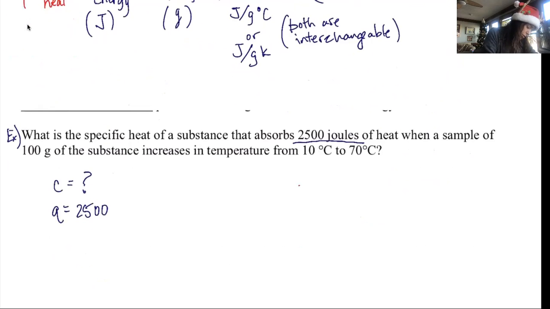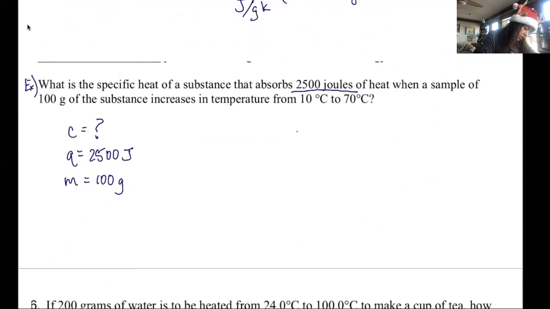It absorbs, so that is a positive, and the unit there is joules. So I'm going to write joules down and continue on. When a sample of 100 grams, the mass here is 100 grams, of the substance increases from 10 degrees, so it looks like my initial temperature was 10 degrees and my final temperature is equal to 70 degrees.